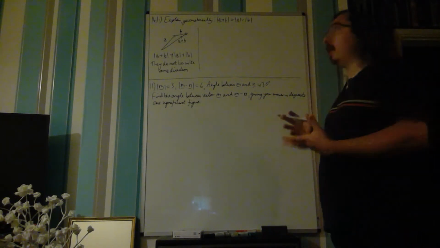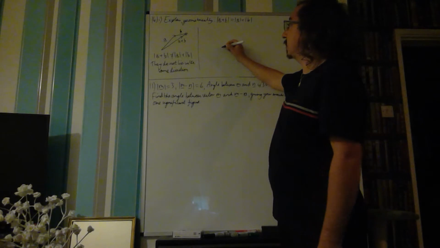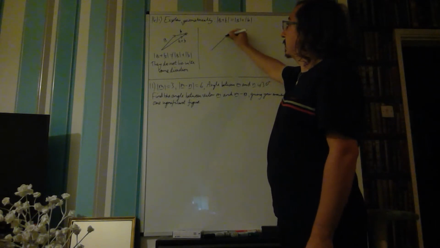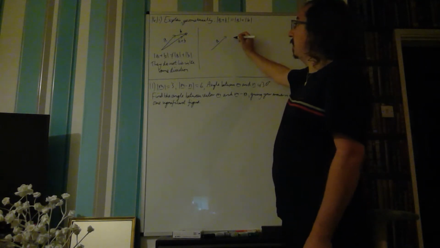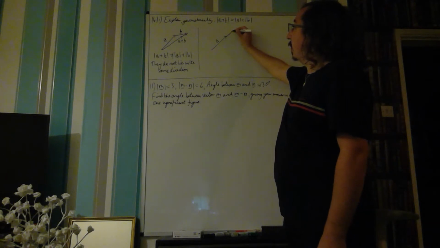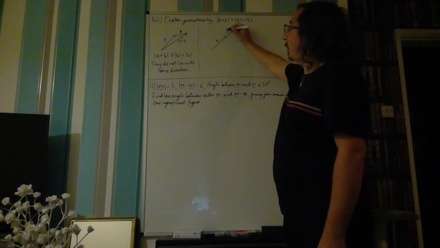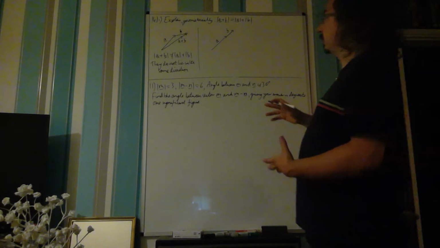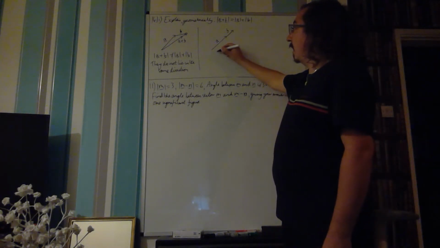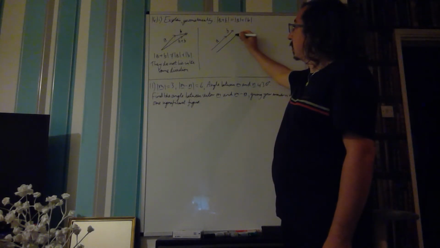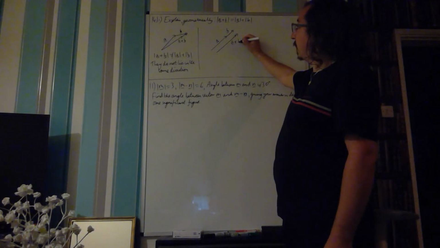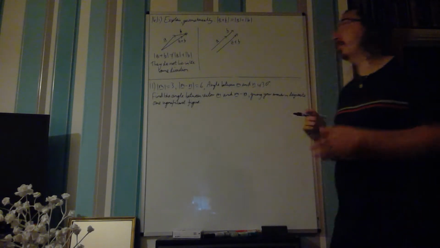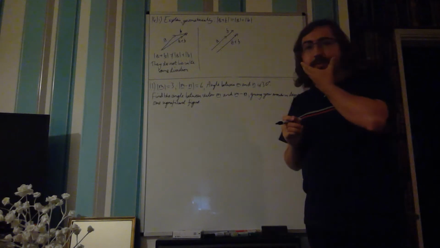What about if they are lying in the same direction, such that again, we've got the vector A, and then we add on our vector B in the same direction. Well, how would we represent A plus B? Well, we can represent that like this, of A plus B. Well, let's look this time.